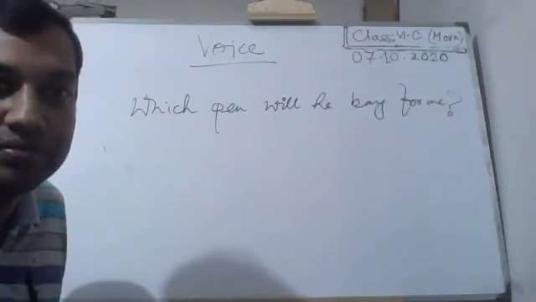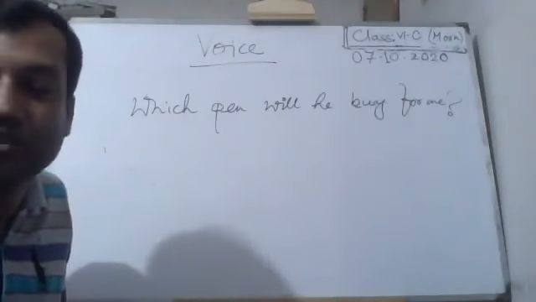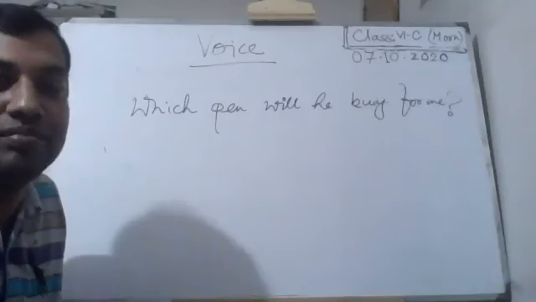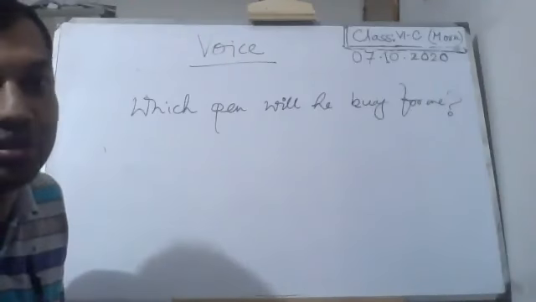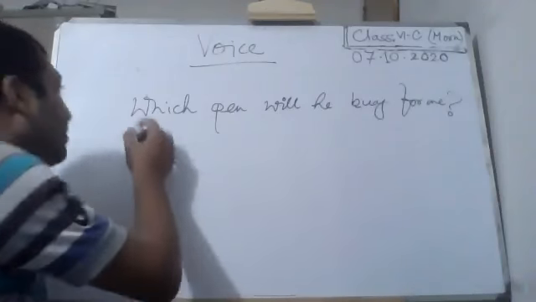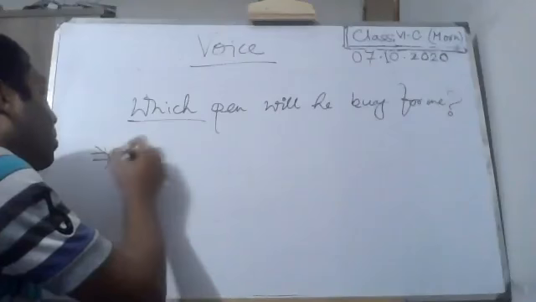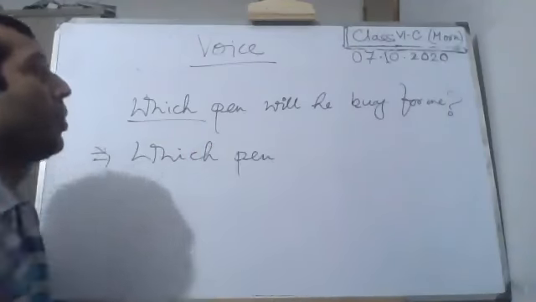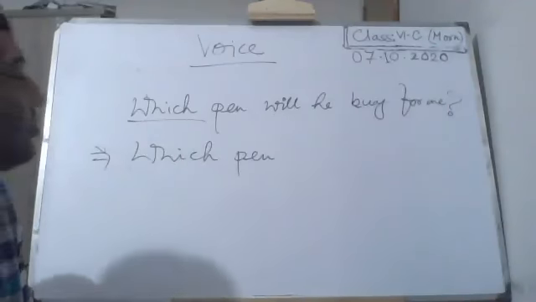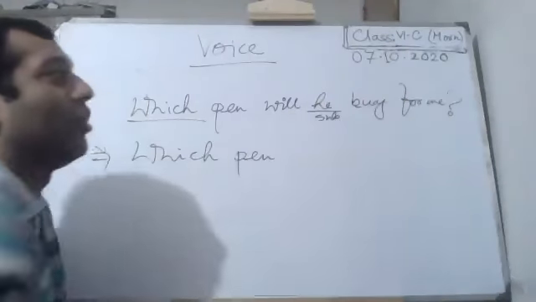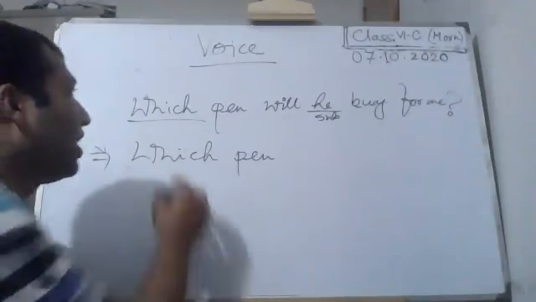So I have seen that a lot of you have made the correct answer and a lot of you have made wrong answers. So, which pen? This is the subject and this subject will become the object.